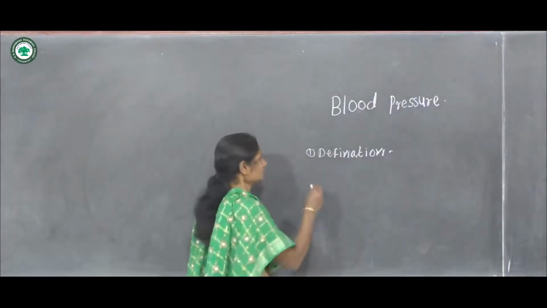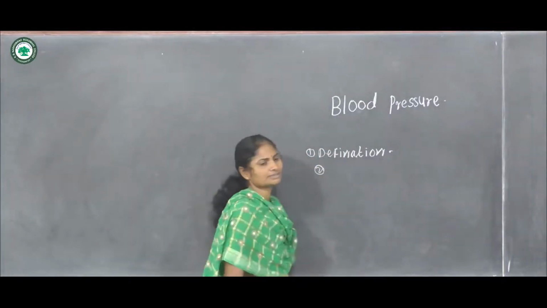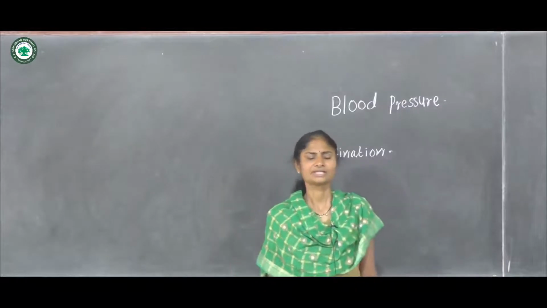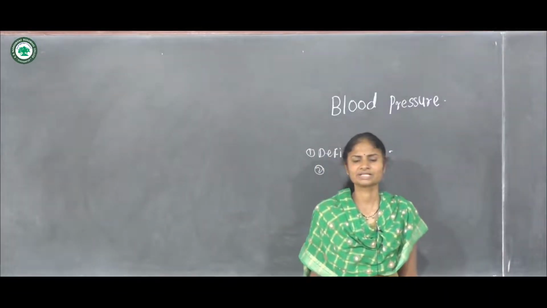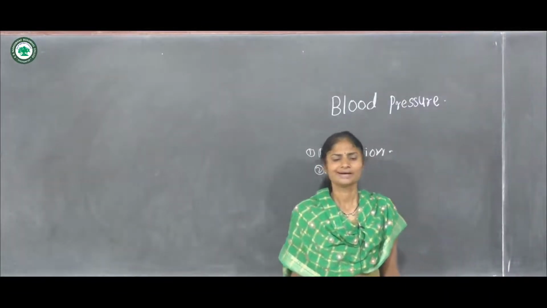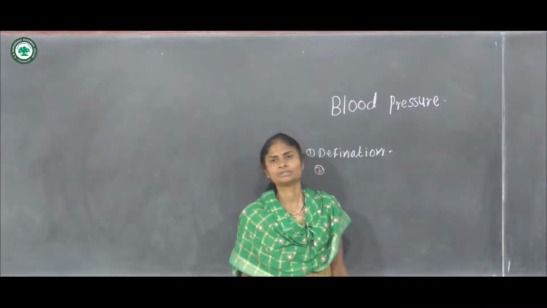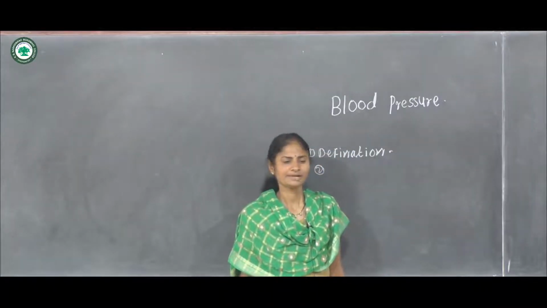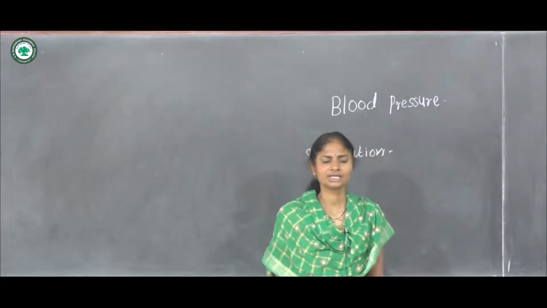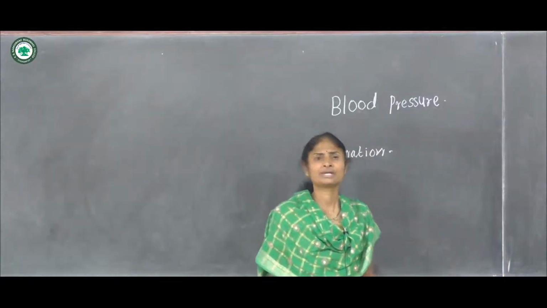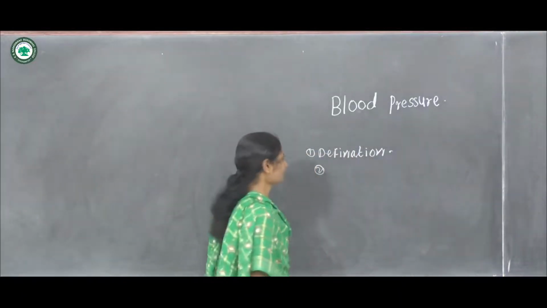Second definition: blood pressure is the force exerted by the blood against the wall of the blood vessel. Blood pressure is measured in terms of systolic and diastolic pressure.